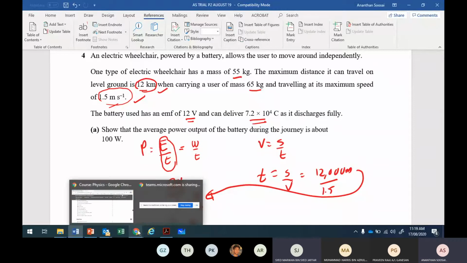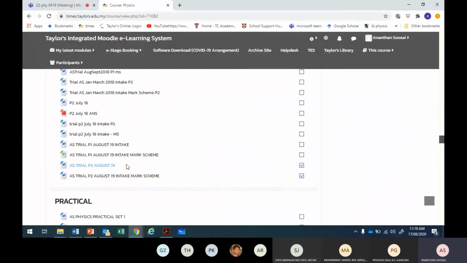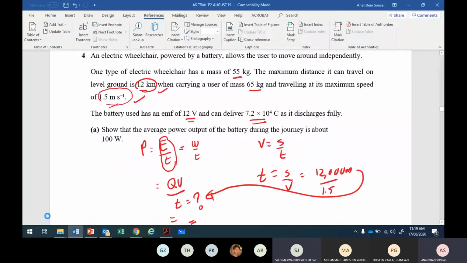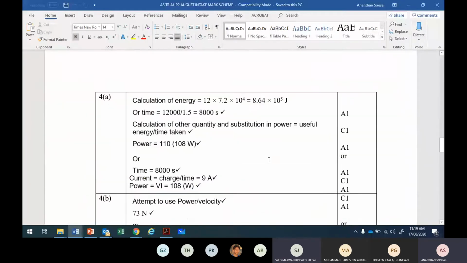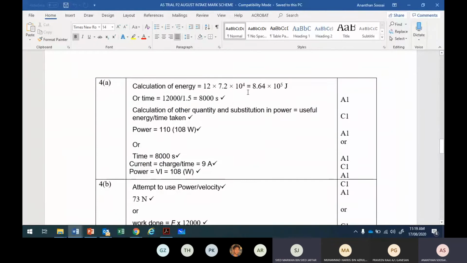Let me check the mark scheme. For A, right? Calculate the energy. Yeah, so that's the working. The total energy is QV.